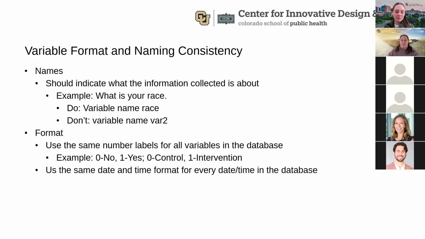So this is a way to make data cleaning easier on the back end for statisticians, but also for you, so that you're not making any of these errors on the front end. And so this is just very basic starting points on what you would want it to look like.